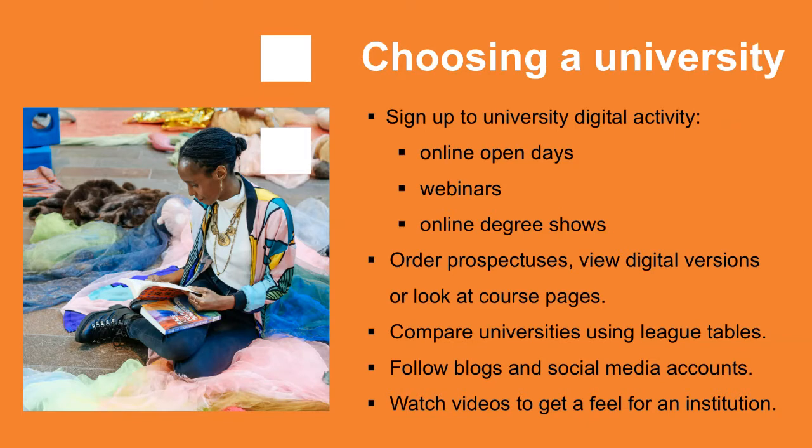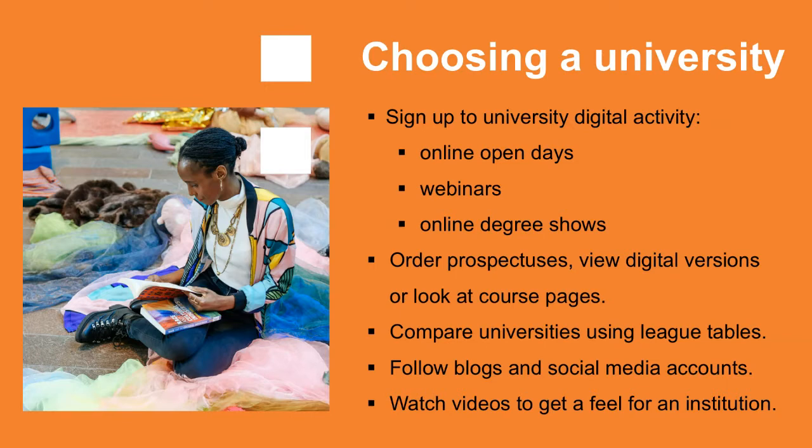You should look at their prospectuses, which are basically books of information outlining the courses that they run at universities, or you can view online prospectuses. At UAL, we've got a lot of information about our courses online. We offer a large number of courses, so we like to help students differentiate between the courses available.